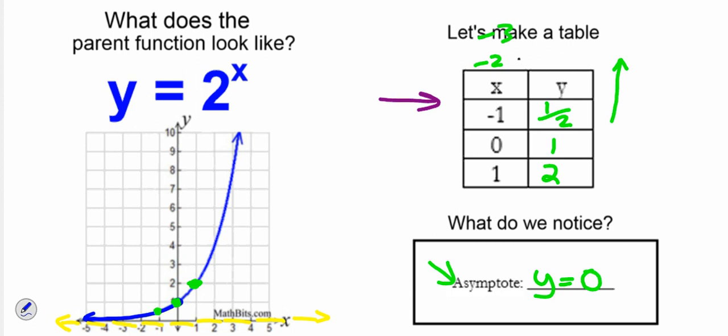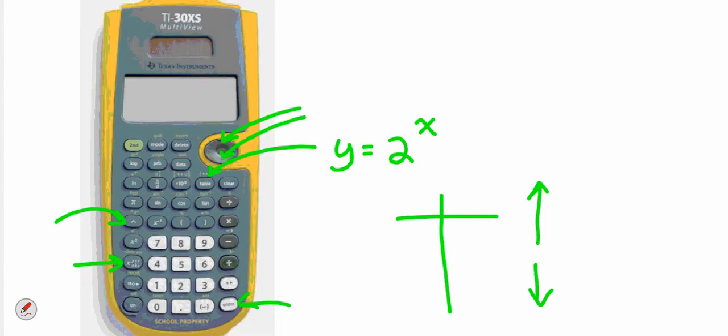So our asymptote is y equals 0. And our graph, y equals 2 to the x, this part of our graph will never, ever, ever even touch. I know it looks like it's touching it, right? But it will never actually touch that yellow asymptote of y equals 0. All right, so that's a parent function, and all our exponential functions are going to look pretty similar to this.